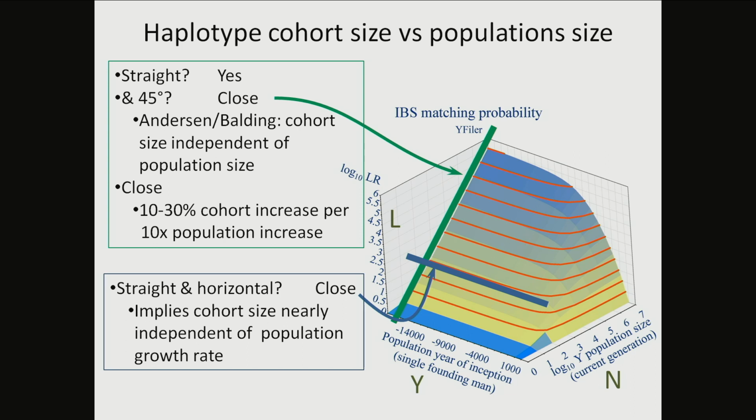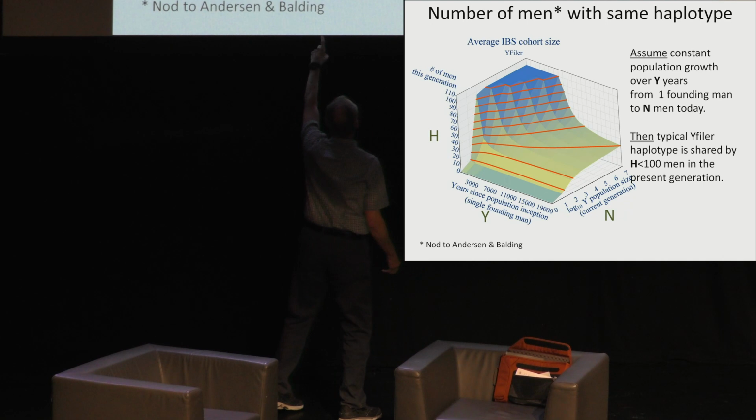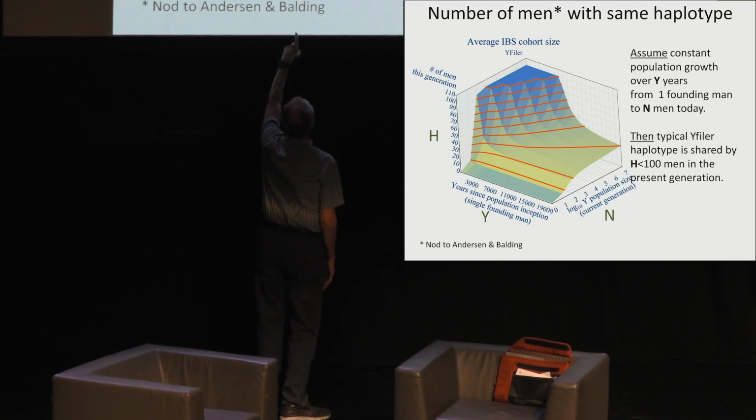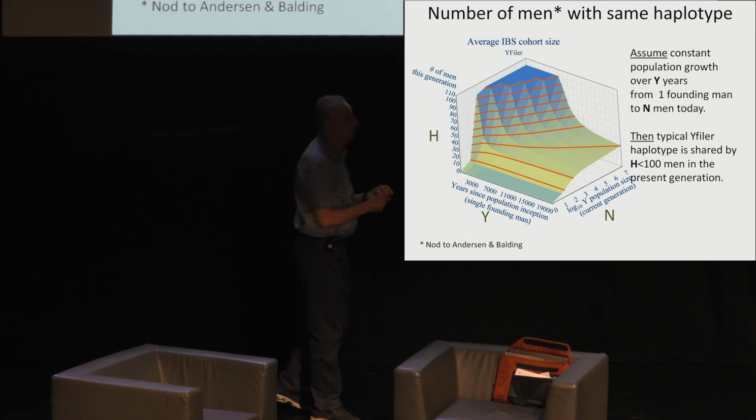So what is the story about this cohort size? Well, here's a better way to look at the same data. The important thing here is that we have a table. So providing the population is reasonably old, let's say if it dates back to 7 or 10,000 years, then on the vertical axis, I've got the average number of men who possess a particular type, the average number of men who can match.